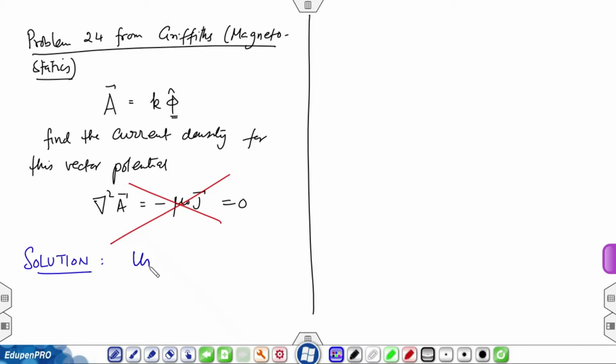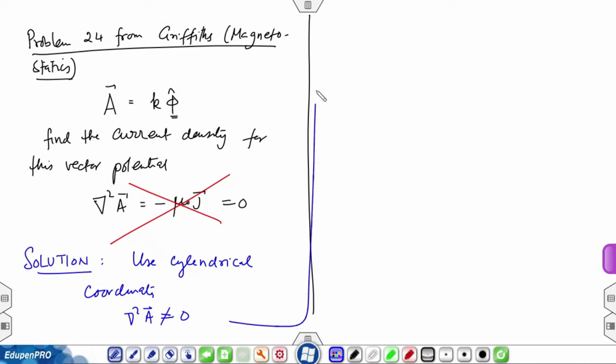You see, del square A is not 0 because phi hat is not a constant unit vector.